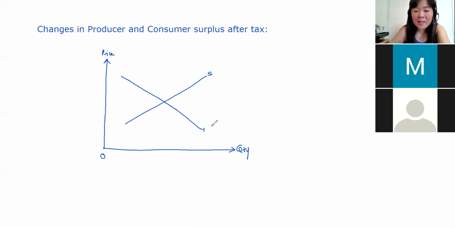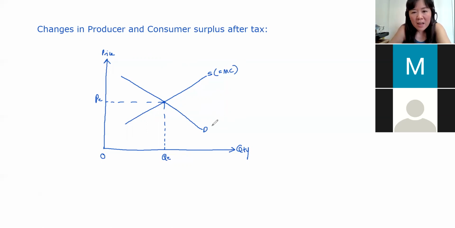Supply, demand. When we leave it to the free market, let's talk about the situation before a tax. This is our equilibrium price and of course our equilibrium quantity. You can see this as your MC, the marginal cost curve, because it shows the additional cost incurred in producing an additional unit of the good.